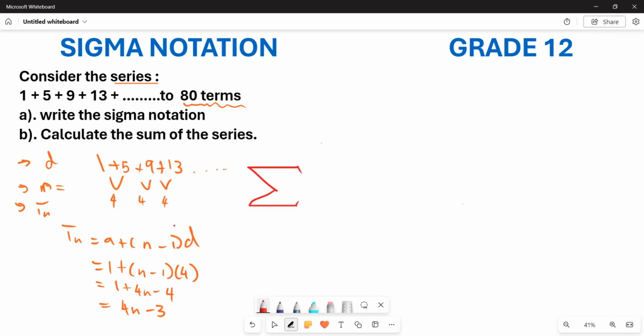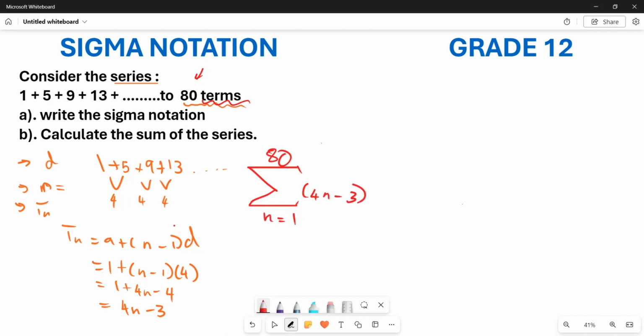Then the second thing: here, it is going to be the number of terms that are in there, so here it's going to be 80, which represents the number of terms. Because it simply started from term 1, term 2, term 3, your n here is simply going to be equal to 1. And now what you're going to have in here is the Tn. So basically, this is how you write your sigma notation.